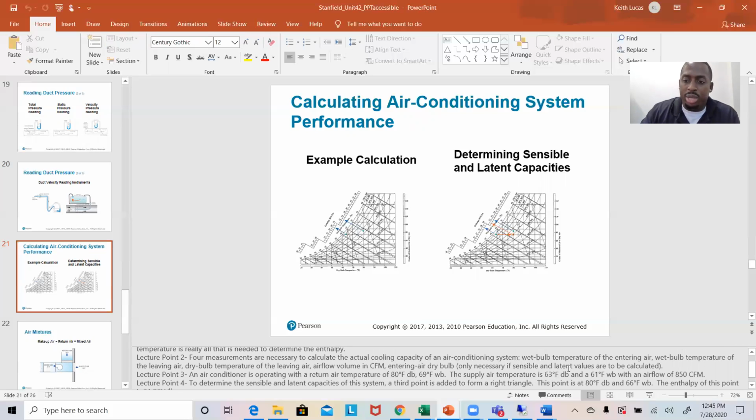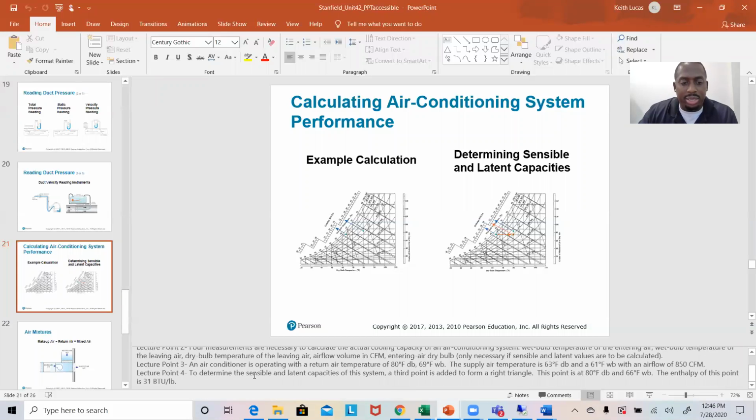Wet bulb temperature of the entering air, wet bulb temperature of the leaving air, dry bulb temperature of the leaving air, airflow volume in CFM, entering air dry bulb if the sensible and latent values are to be calculated.